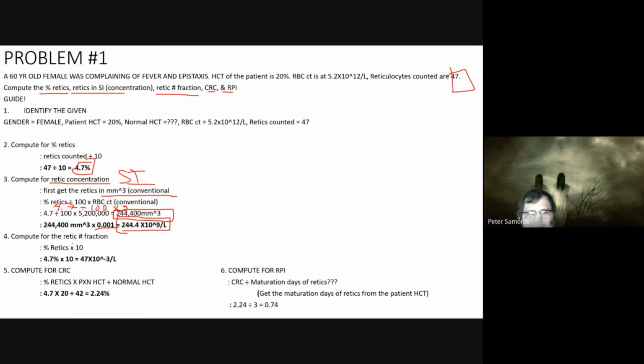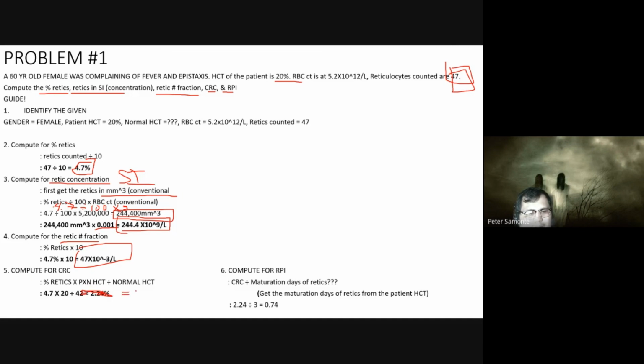Then, retic fraction. Class, the shortcut here for the retic fraction is to just get the reticulocytes counted, then add the unit, which is times 10 raised to negative 3 per liter. Then your CRC, class, is percent retics, which is 4.7 times 20, since the patient hematocrit is 20. Divide it by 45.